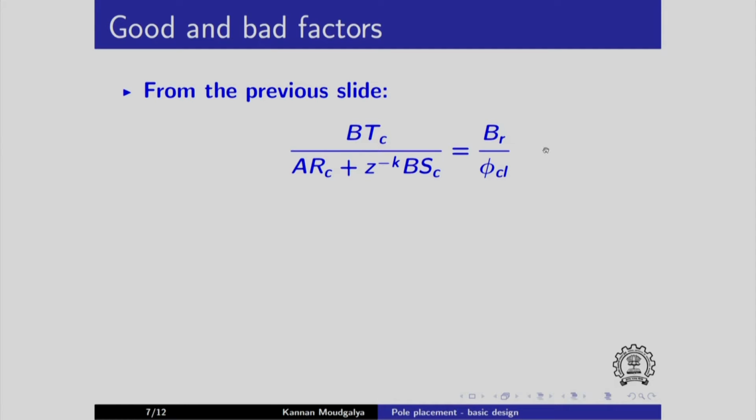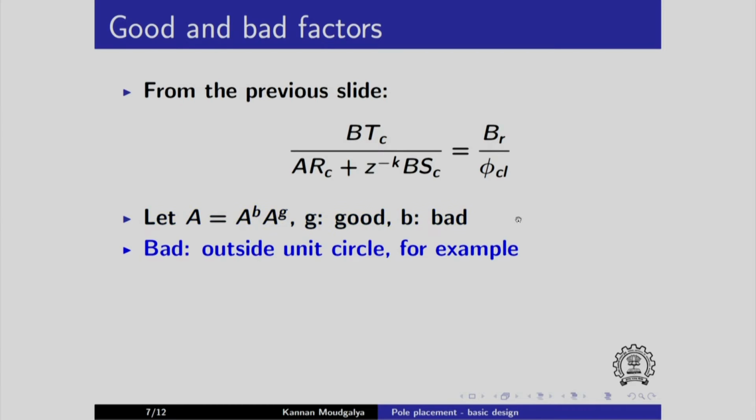This is the equation we had in the previous slide. Now let us factor this polynomial A as bad and good factors. I have the superscript B to denote bad and G denotes good. What is bad?